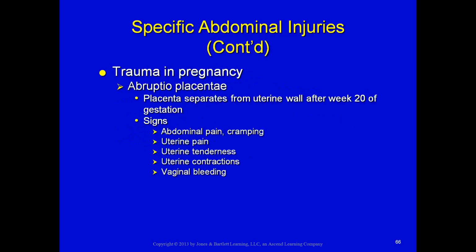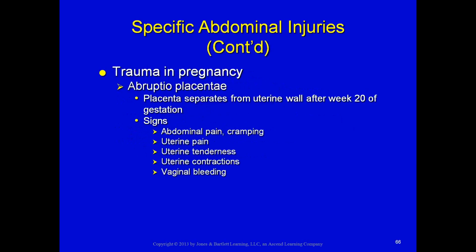Trauma in pregnancy also can lead to significant abdominal hemorrhage, particularly with abruptio placenta. That's when the placenta separates from the uterine wall after about week 20 of gestation. Not a common presentation, but it can occur as a result of blunt abdominal trauma.